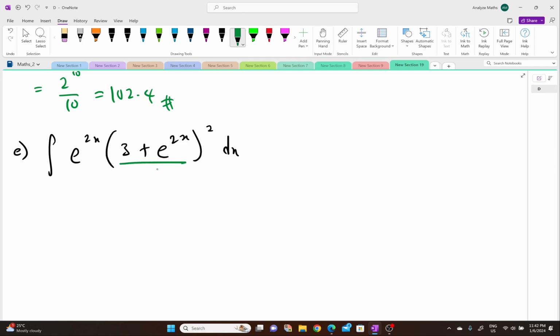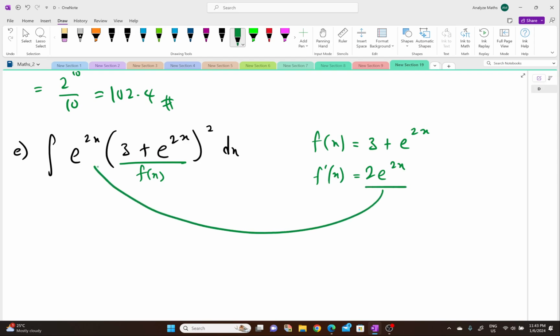This is my fx. I hope you still remember how to differentiate e to the x. Recall back. If you differentiate this, we get 0 there, and 2e to the 2x. We want this one. Is it here?